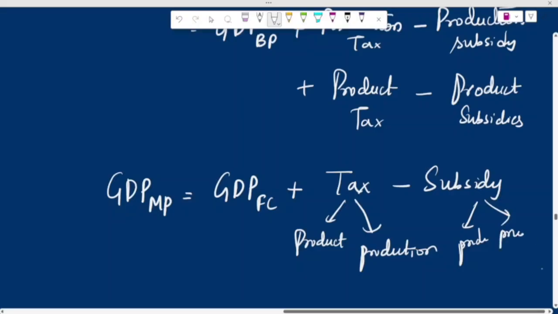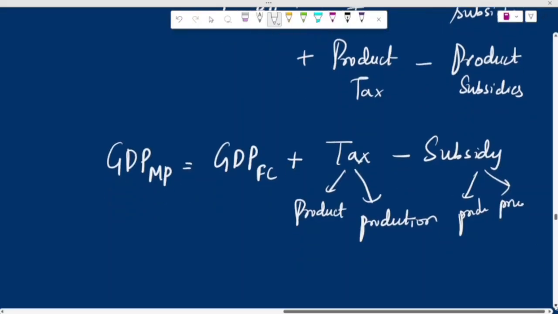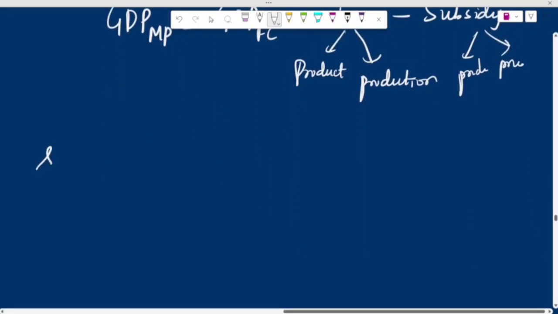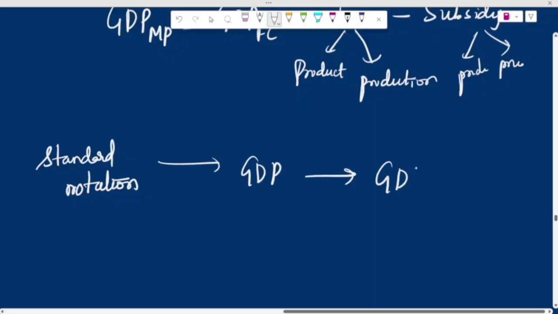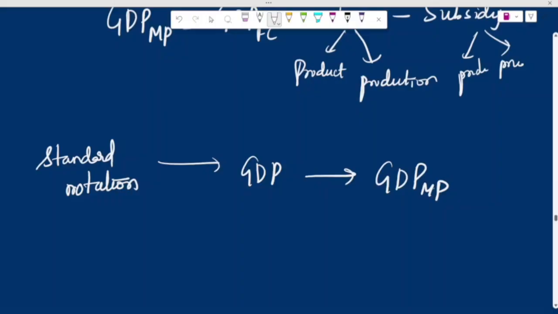Whenever you see the term GDP in a newspaper, you should conclude that GDP is nothing but GDP at market price, which is GDP MP, this formula. Fine.